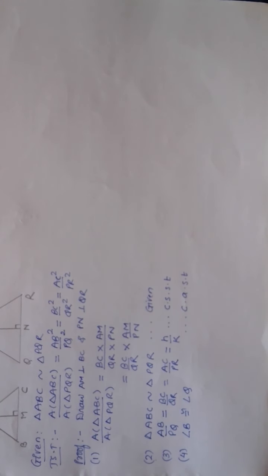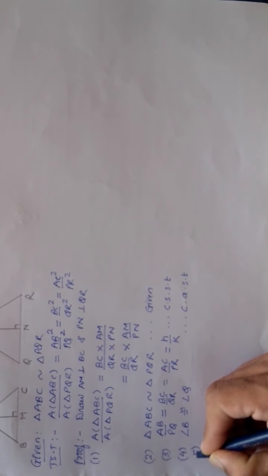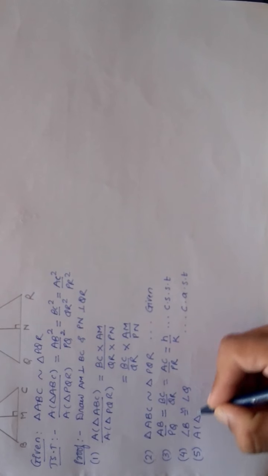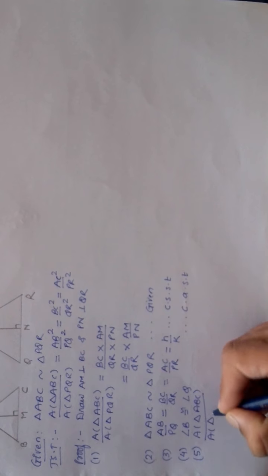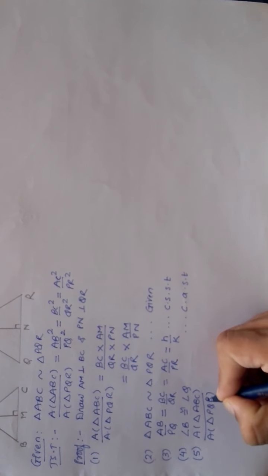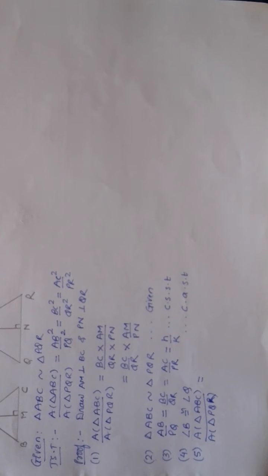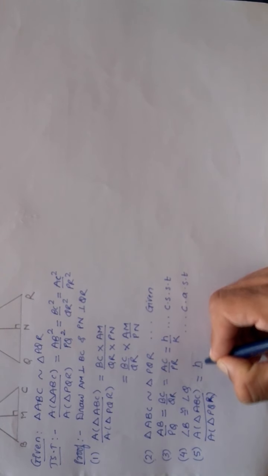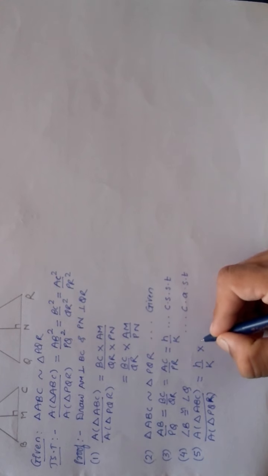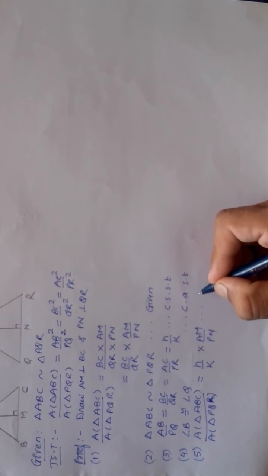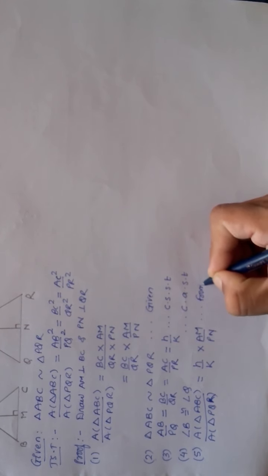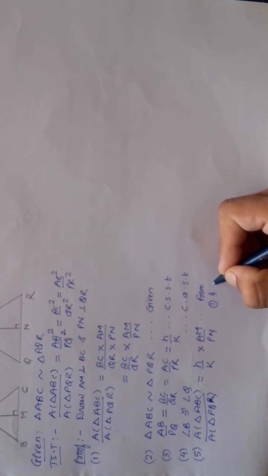First I will make a change in statement number 1, that is, I will write statement number 5 like this: area of triangle ABC is to area of triangle PQR is equal to, here BC is to QR, I am writing as H is to K, into AM is to PN. This I got from the first and third statements.